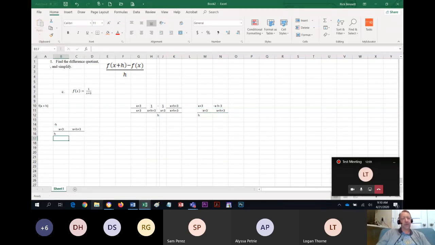Okay, what do we do next? Multiply by the reciprocal. Okay, so the reciprocal of h is 1 over h. So now the h's cancel, and I've got a -1 over this right here. And that's all there is to that. That's the answer right there.